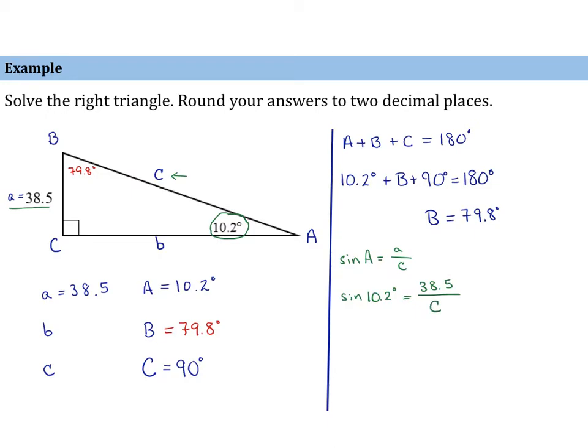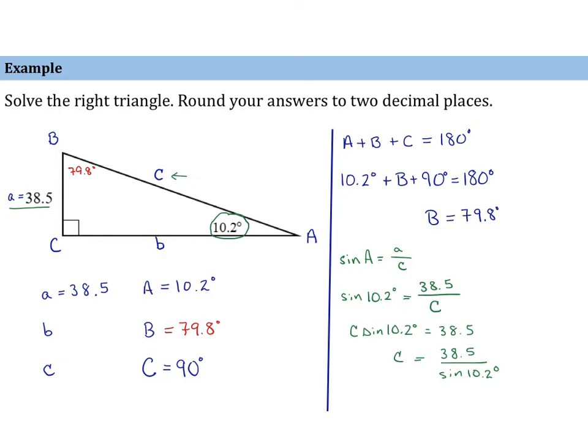If we multiply both sides by c, we'll have c times the sine of 10.2 degrees equal to 38.5, which means that c will equal 38.5 over the sine of 10.2 degrees.